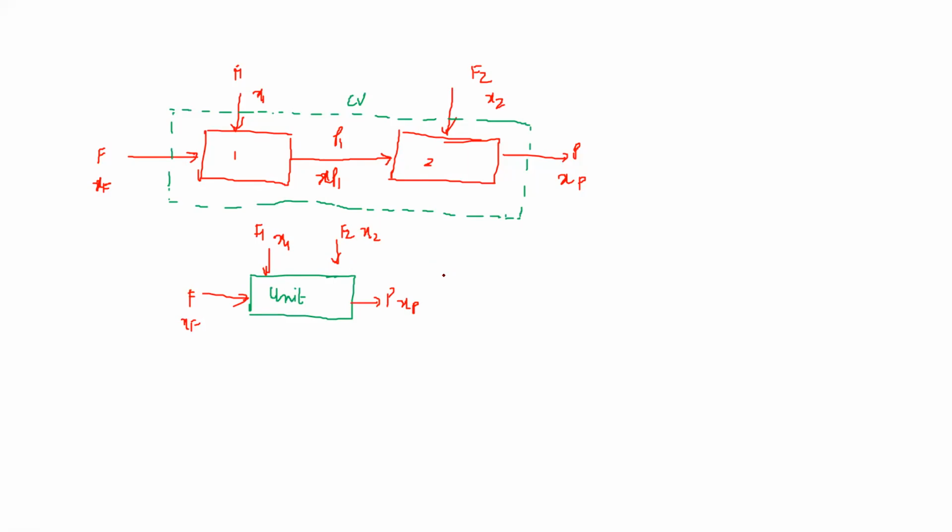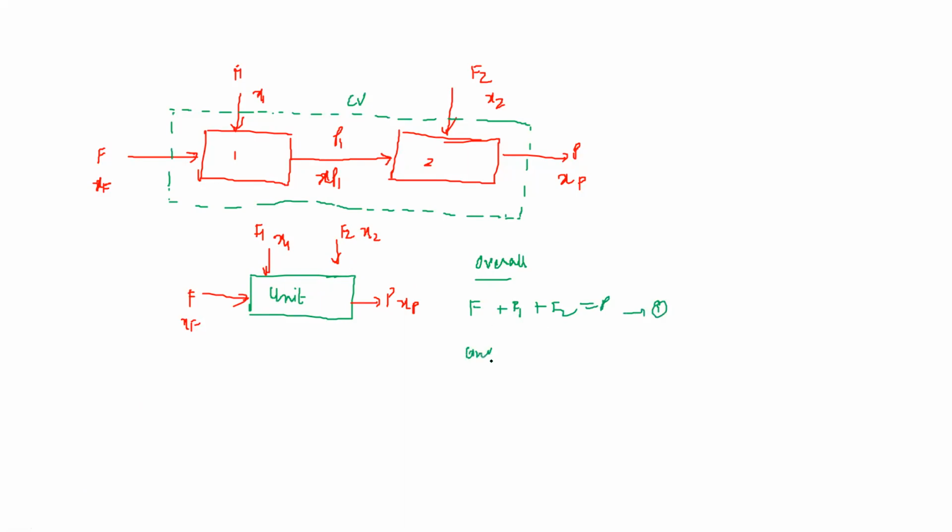Therefore, when we make our equations for this particular unit, we form the overall material balance equation for the green unit. The overall equation is F plus F1 plus F2 is equal to P. That is my equation number 1.